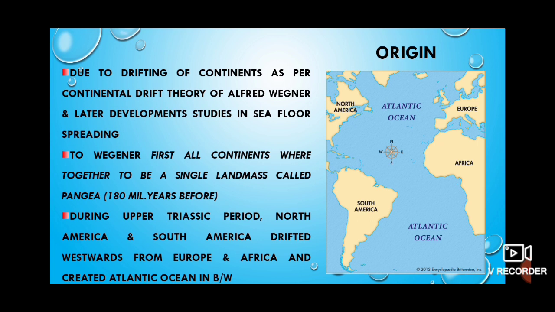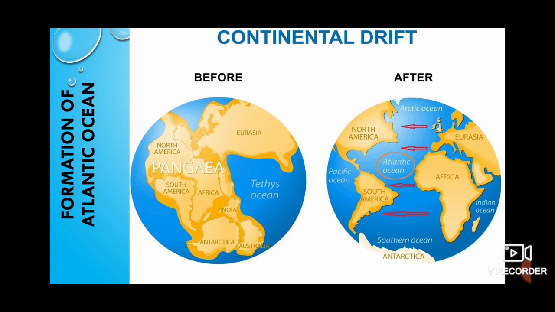It is believed that the Atlantic Ocean was formed due to the drifting of the continents, as per the continental drift theory proposed by Alfred Wegener and proved right through later studies of seafloor spreading. According to Wegener, 180 million years back, all the continents of the present day were a bigger joint landmass known as Pangaea.